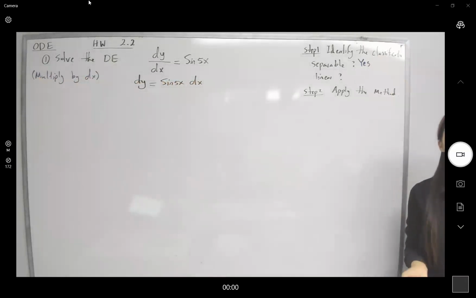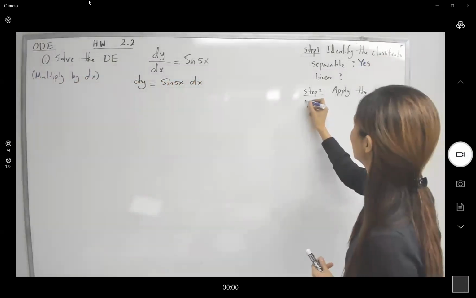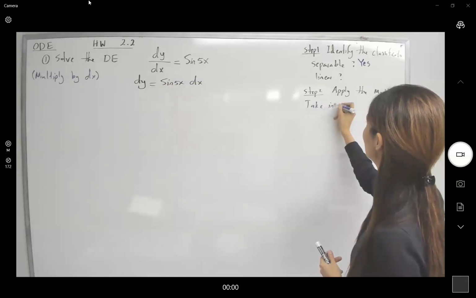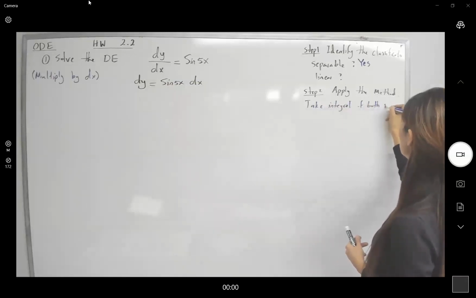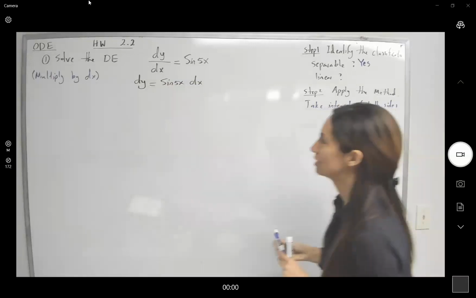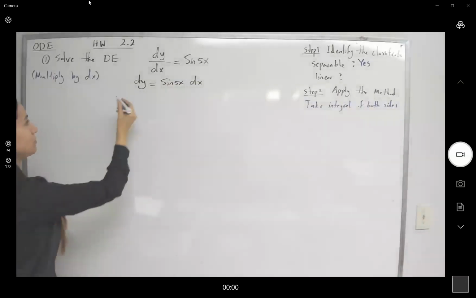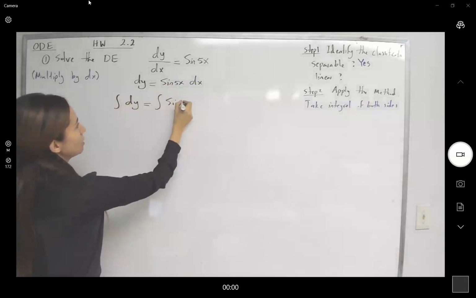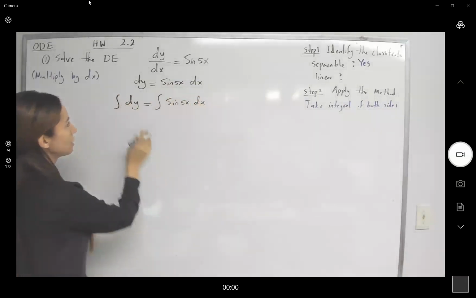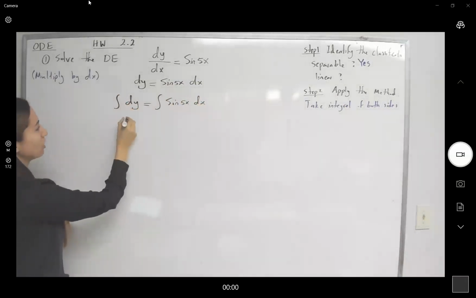Since it's separable, it means that we need to take the integral of both sides. The integral of dy equals the integral of sine 5x dx. The integral on the left-hand side, you only get y.